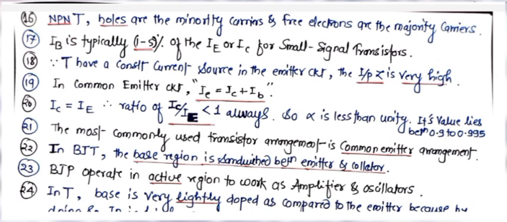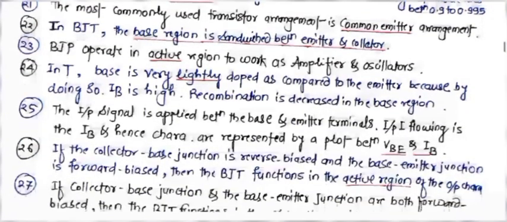In BJT, base region is sandwiched between emitter and collector. BJT operates in active region to work as amplifier and oscillators. In transistor, base is very lightly doped as compared to the emitter because by doing so, recombination is decreased in the base region.